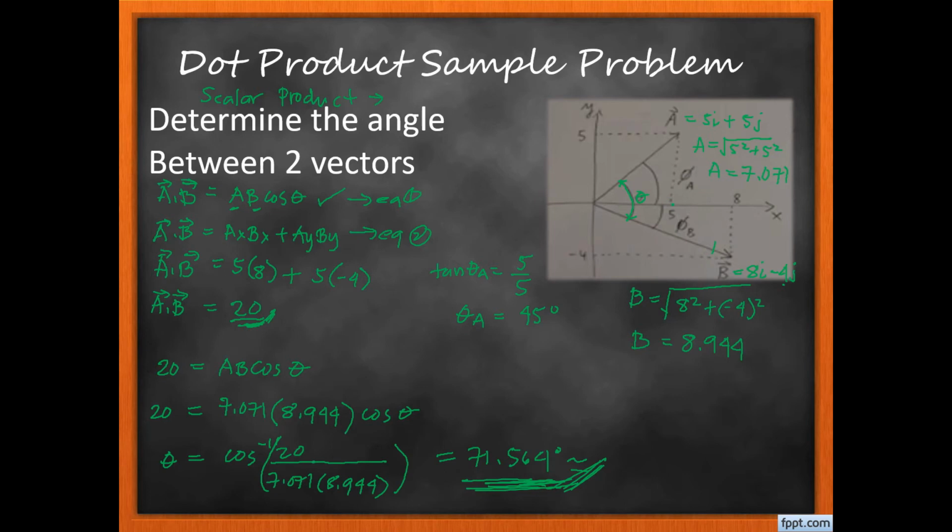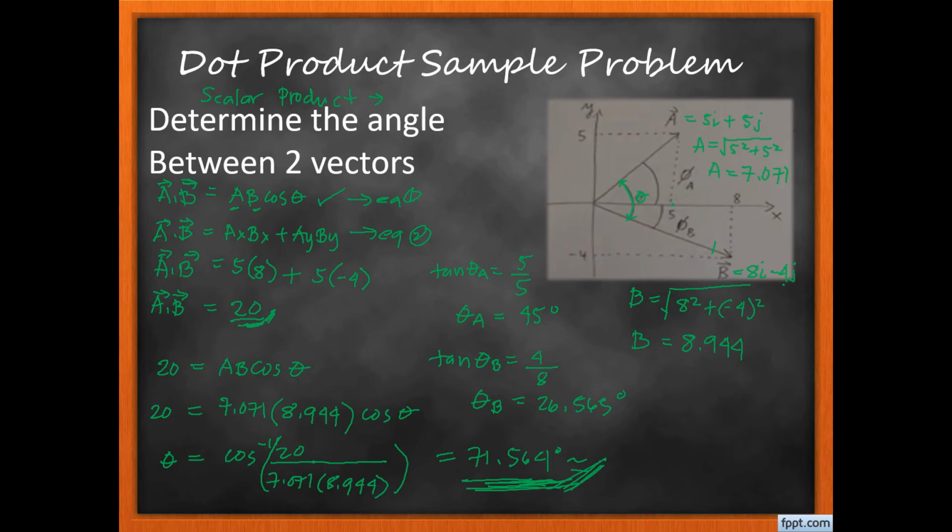So inverse tangent of 1 is equals to 45 degrees. Then we have tangent ulit ng theta B naman. Kung titignan natin, yung opposite natin is 4, yung adjacent natin is 8. Okay, so yung inverse tangent ng 4 over 8 is equals to 26.565.